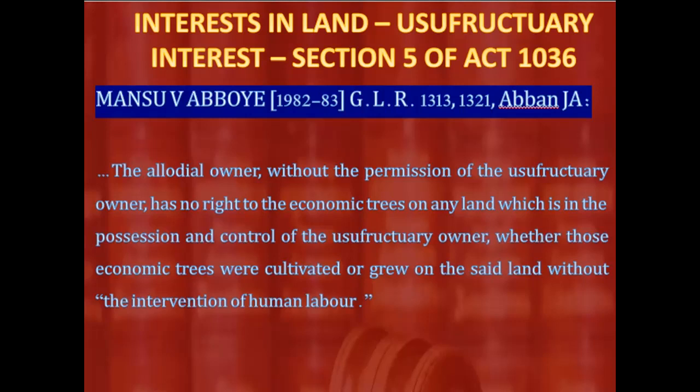So for those of you who are thinking that it doesn't make sense that a subject will just go and look at any uncultivated land, reduce it into his possession and cultivate, we are being told in Mansu and Aboye that once the subject has reduced land into his possession, then it's a cardinal feature of the usufructuary interest that the subject has exclusive possession of that land and he cannot be arbitrarily divested of the land by the holder of the allodial title.